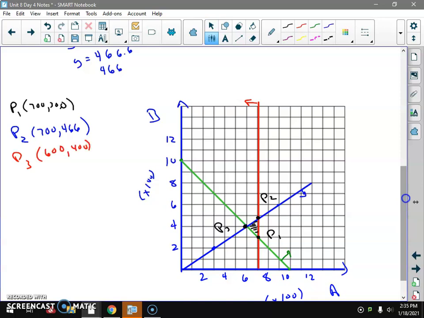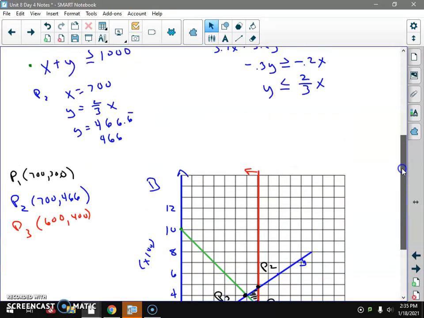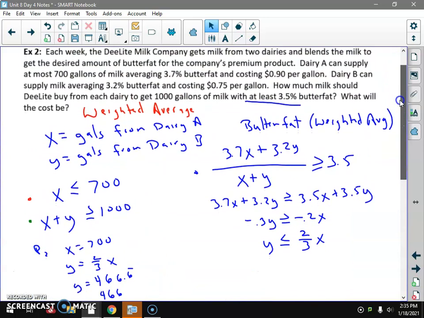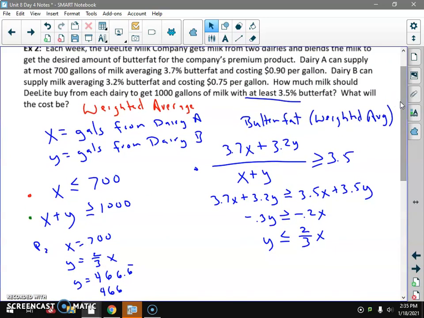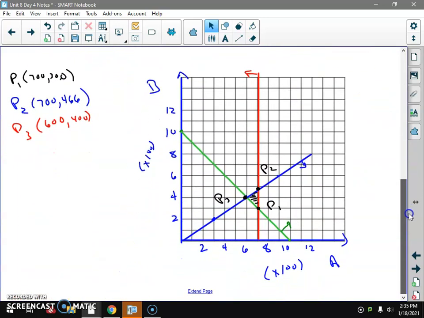Now we need an objective function to plug into. What do we have? We have cost. Dairy A is 90 cents a gallon. Dairy B is 75 cents a gallon.